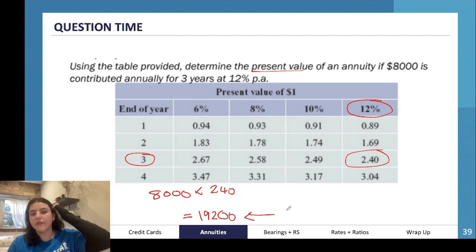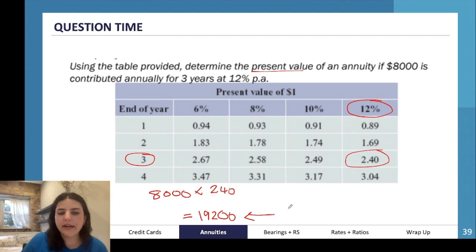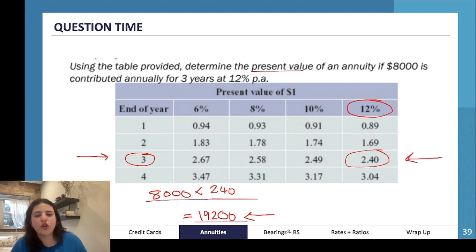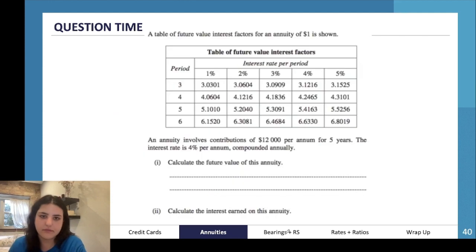Now, this is a fault of the question. This is not a fault of us, right? This question is designed to not really make sense, right? Like, how do you put it in 3 times, but you end up with less money than you started? 19,200. So don't worry too much if you're pretty certain the question is just kind of written poorly. Our answer is still correct.